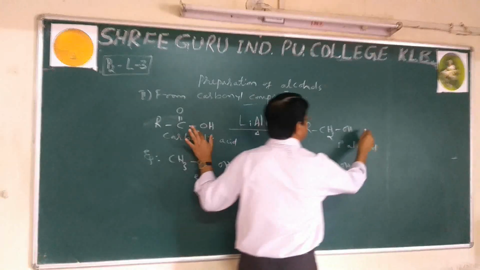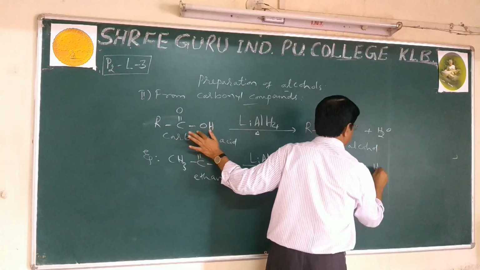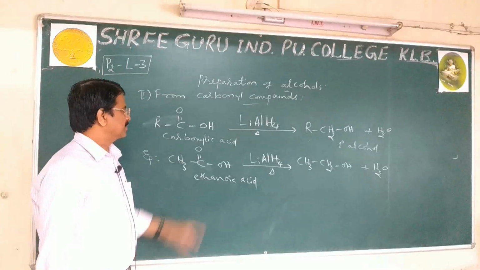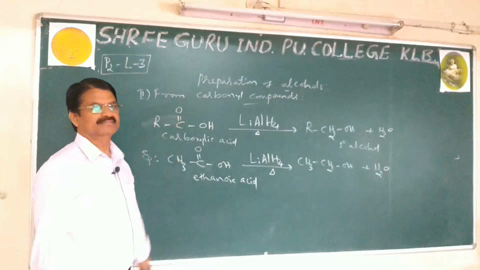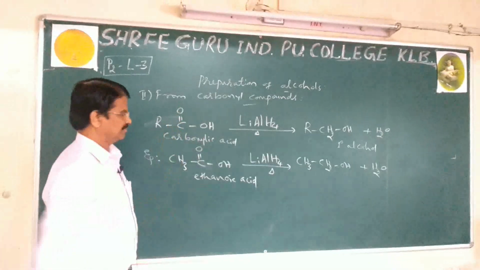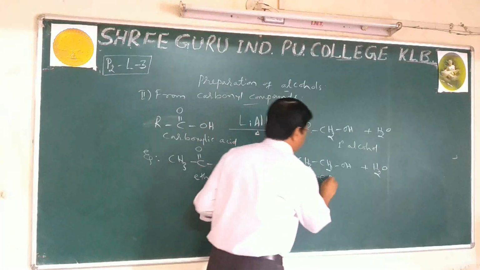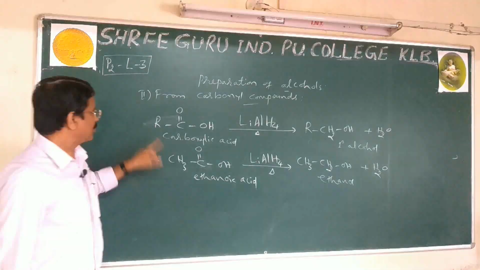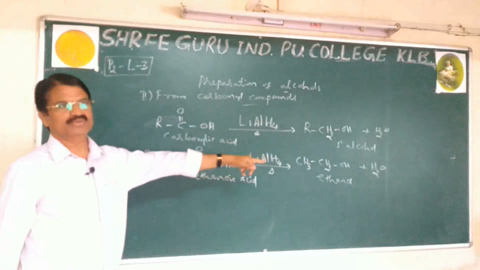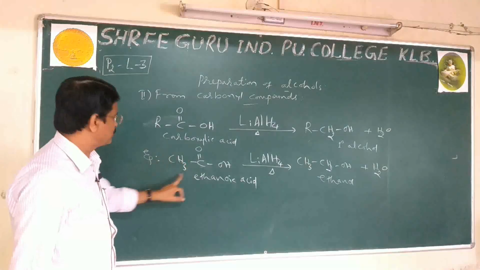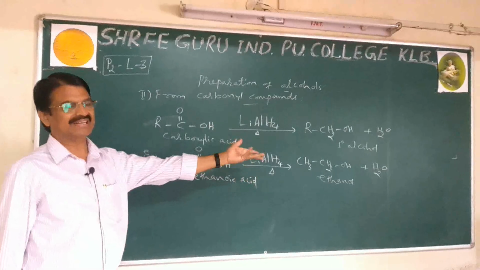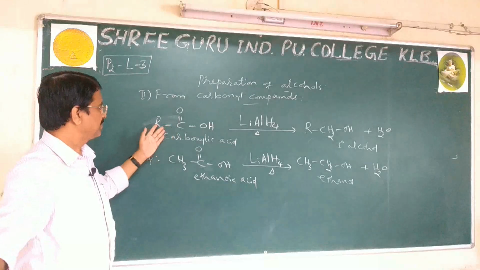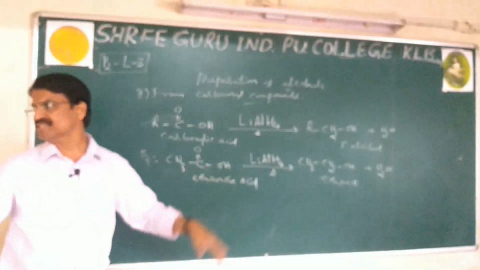CH3CH2OH plus H2. So in both cases we get an H2 molecule. That's why I told you 4 atoms of H are added here to convert carboxylic acid into alcohol. So ethanoic acid to ethanol. Now if you take formic acid here, HCOOH, then we get methanol. And instead of this, write a benzene ring, and there we get benzyl alcohol. Correct? Yes, ethanoic acid to ethanol and benzoic acid to benzyl alcohol.